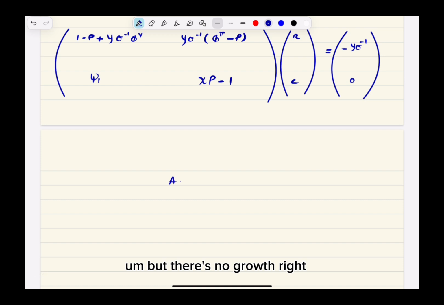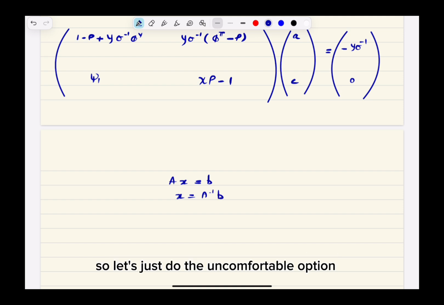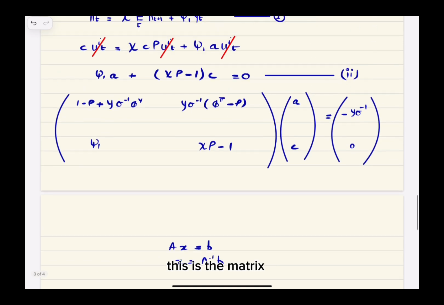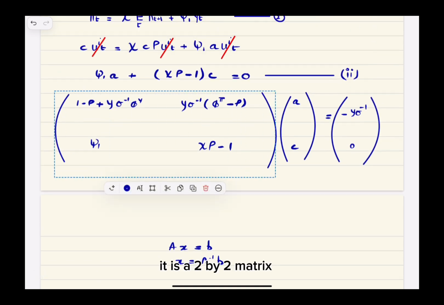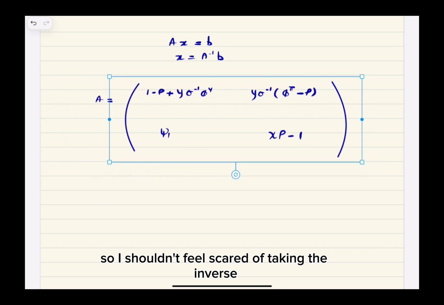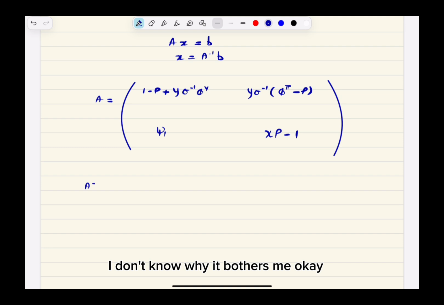But there's no growth, right? Unless you put yourself in a lot of discomfort. So let's just do the uncomfortable option, which is taking the inverse. I hate it. So let's do it. This is the matrix. It is a 2 by 2 matrix, so I shouldn't feel scared of taking the inverse. I don't know why it bothers me.